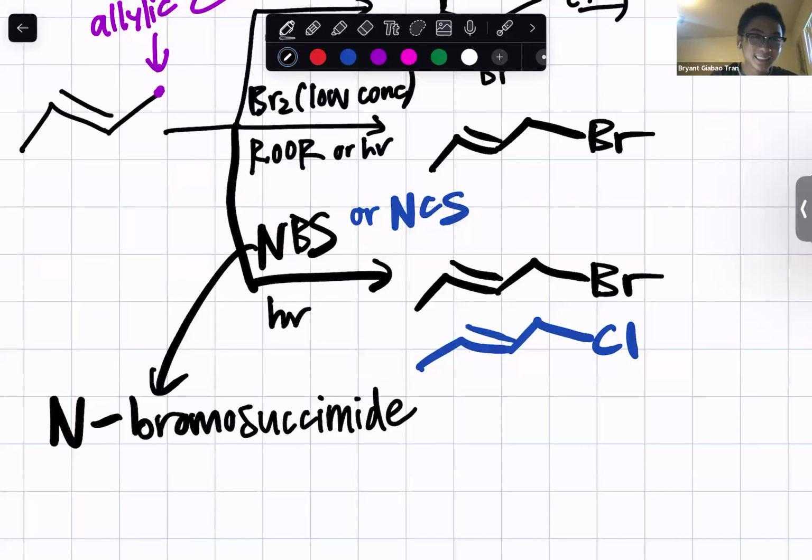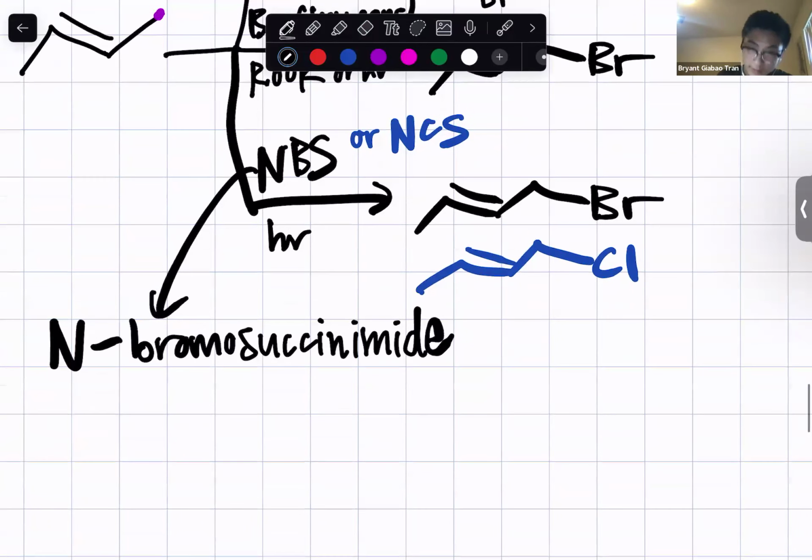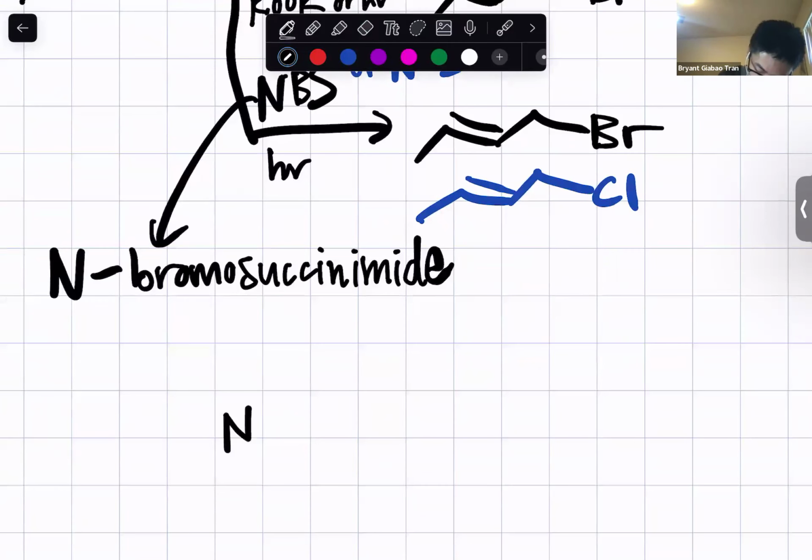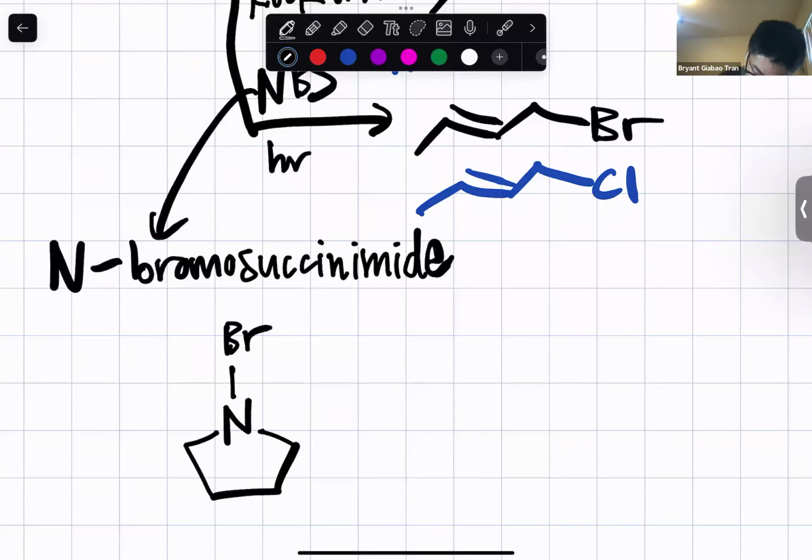NBS, N-bromosuccinimide. Where that NBS looks like this. The N is the nitrogen attached to the bromine with this R group here with two carbonyls.